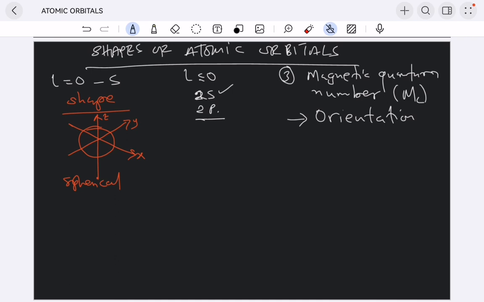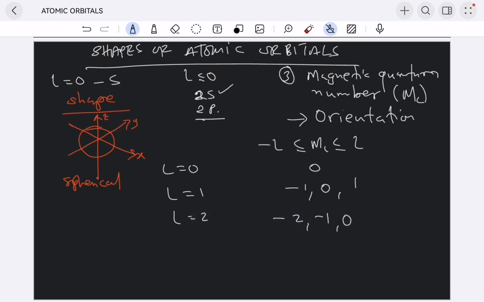Now here, the relationship between the angular quantum number and the magnetic quantum number is this. So meaning, if your L is 0, then your ML is 0. But if your L is 1, then your ML is -1, 0, 1. If your L is 2, this is -2, -1, 0, 1, 2.